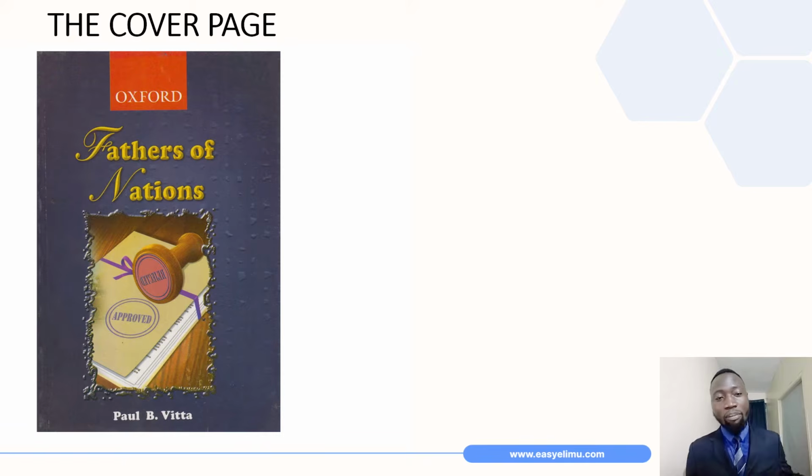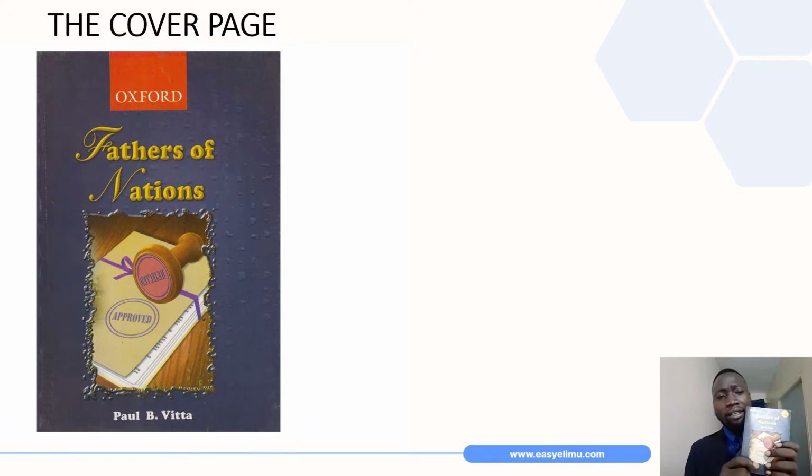Looking at the cover page of this novel right here, we have got a text within a red mark written Oxford. So it means that this book is published by Oxford University Press. Oxford University Press is just a department within the Oxford University.